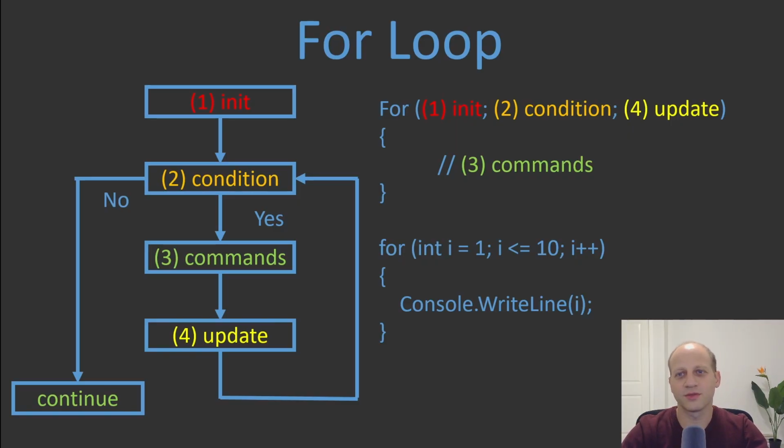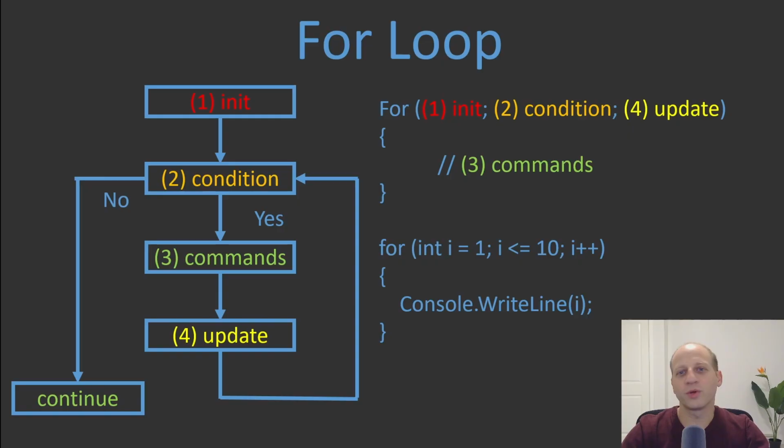As you can see, the for loop contains the same steps as we had in the while loop, but it has a very specific structure. In the example, you can see that we first declare a variable named I, and we assign it the value 1. This is the initialization part. Then we check if I is less than or equals to 10. Since it is, we enter the loop and print the value 1.